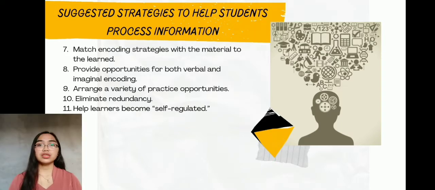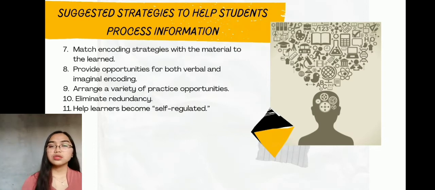We can use mnemonic devices which use imagery and semantics and acronyms like, for example, memorizing the conjunctions. So, in memorizing the conjunctions, we can use the acronym FANBOYS, which pertains to the conjunctions for, and, nor, but, or, yet, and so. This helps the students retain the information learned for a long time.